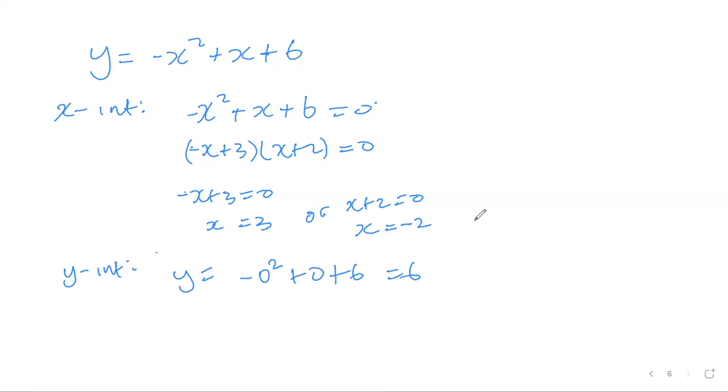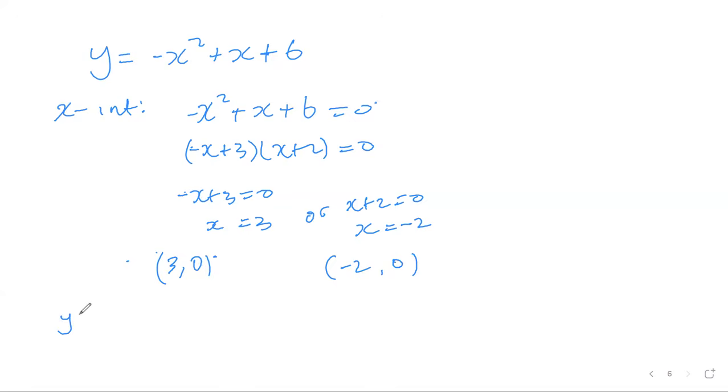So my x-intercepts will be the points, because I have to plot them, 3, 0 and minus 2, 0. And we already said our y-intercept is 6, which gives us the point 0, 6.